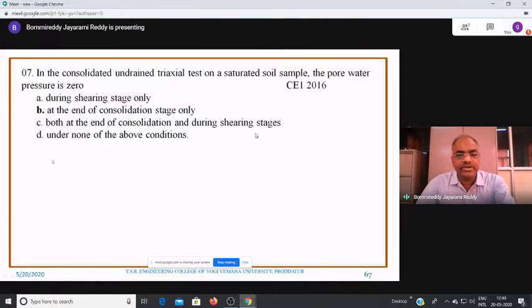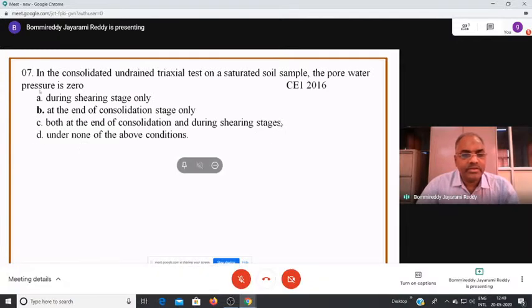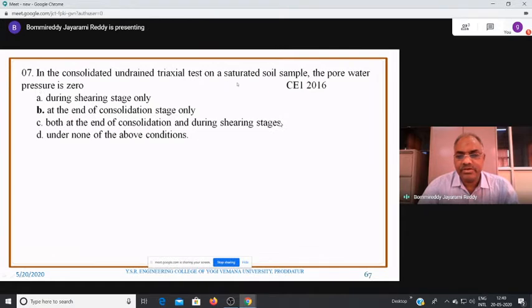And this is a theoretical one. In the consolidated undrained triaxial test on a saturated sample, the pore water pressure is 0. You can remember: consolidated means at the beginning pore pressure exists, undrained means at the end there is no pore pressure, that is, at the end of the consolidation stage.